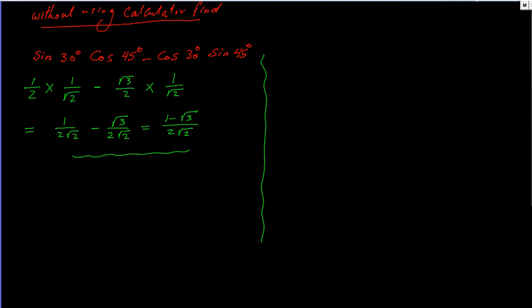Another exercise. Find 4 sine squared 30 minus 3 tan 45 over 2 cosine 60 plus 2 sine 45 degrees cosine 45 degrees.